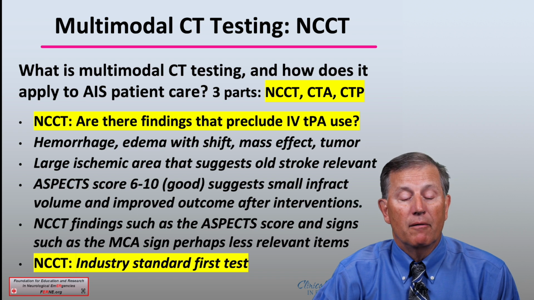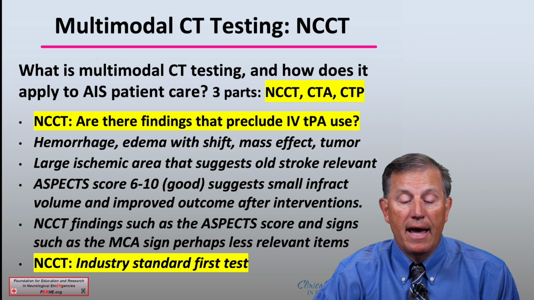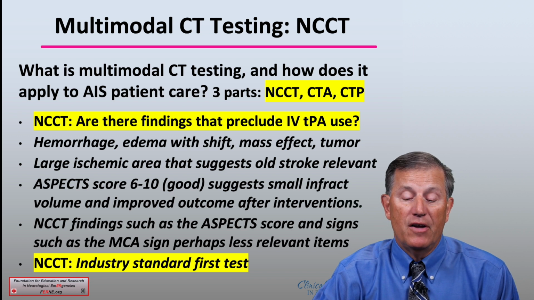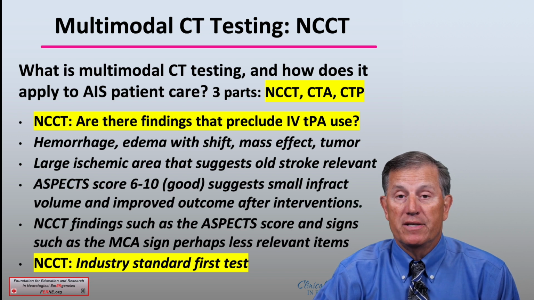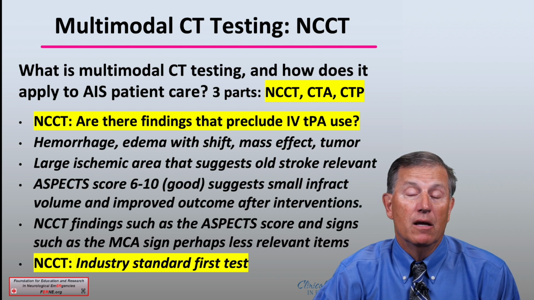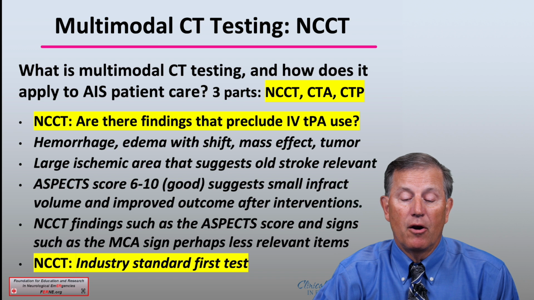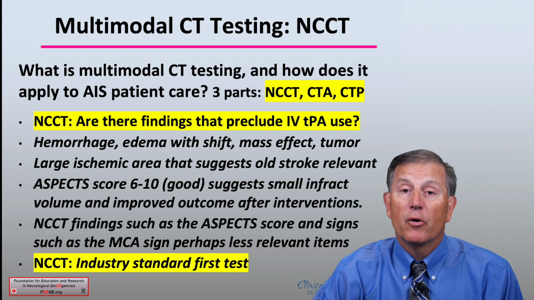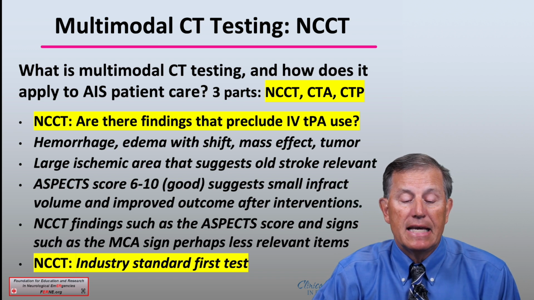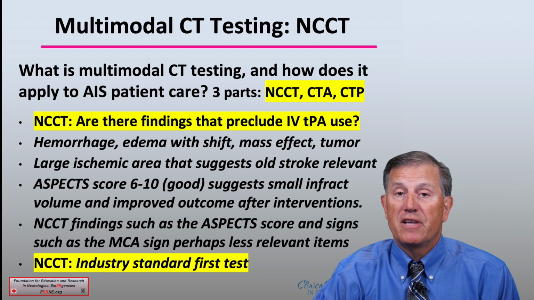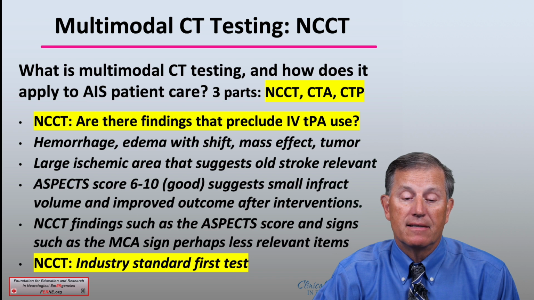But bear in mind that non-contrast CT findings, such as the ASPECT score and signs such as the MCA sign, which is a clot present and visible in the middle cerebral artery, are less relevant than the first items we listed, which are those that would preclude the use of thrombolytic therapies. So in summary, the non-contrast CT is the industry standard first test and first component of multimodal CT testing.